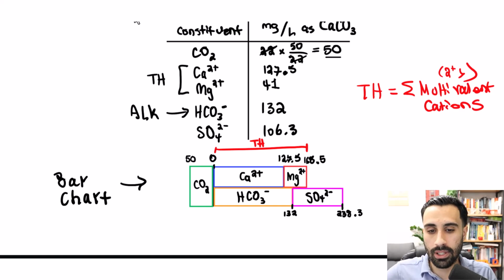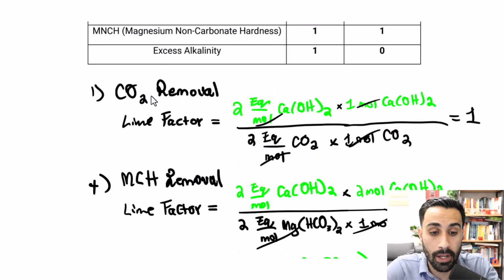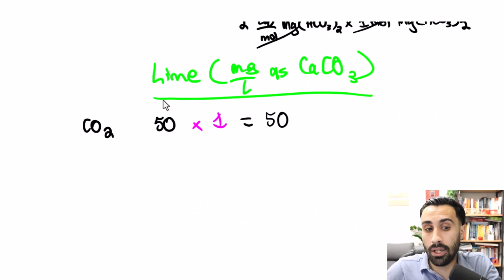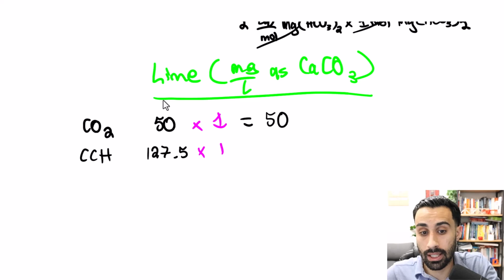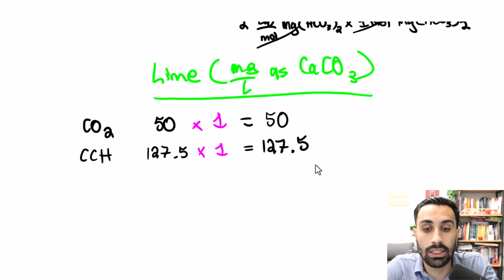That is going to be this part. That amount is simply 127.5. So that one is the calcium carbonate hardness removal. So that will be 127.5, and multiply this by the factor. Again, it will be just 1. That equals the amount of 127.5 milligram per liter as calcium carbonate.